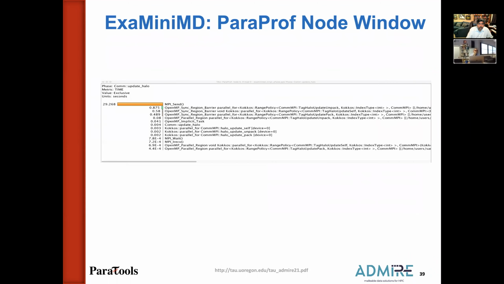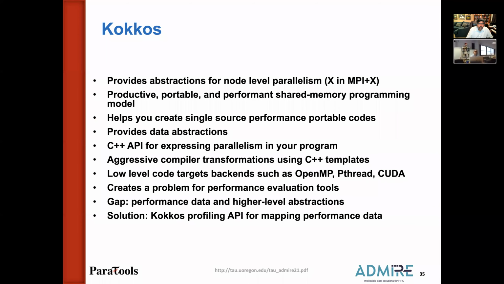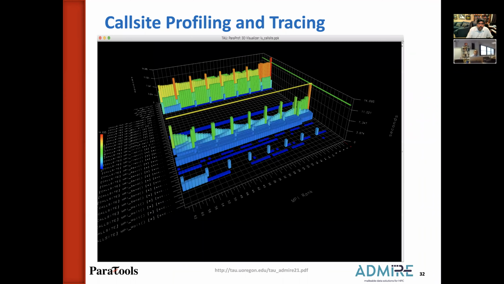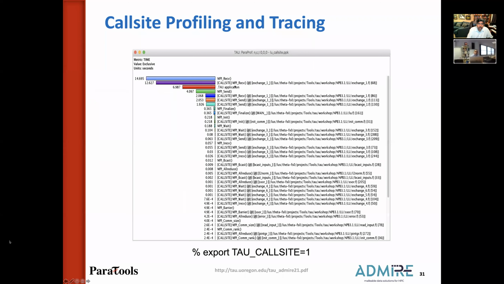Now, the call site is what's confusing. The call site is something that allows you to distinguish a particular instrumented function as it gets called in different places in the code. By instrumented, I mean there is a probe inserted at the beginning and end of MPI receive. Then in this wrapper library, I want to find out where this MPI receive is called and how much time each individual instance of MPI receive is taking.